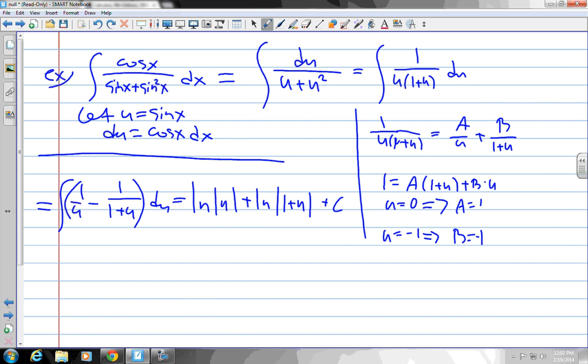And then you substitute back: you get natural log of sine x minus, there is a minus in there, sorry, natural log of 1 plus sine x. And that's it. You can put it in one natural log, that's up to you.